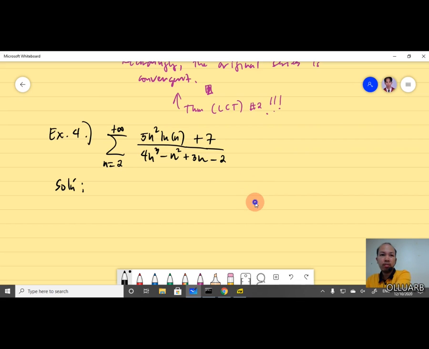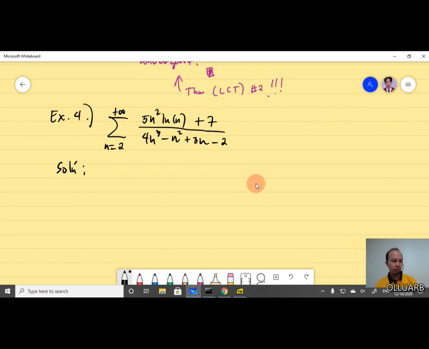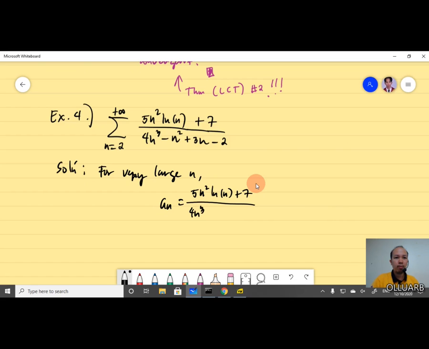So again, just like before, for very large n, a sub n, which is 5n squared ln of n plus 7 over 4n cubed minus n squared plus 3n, okay, this is not just like problem number 3, since in problem number 3 we have one term in the numerator and one term in the denominator.